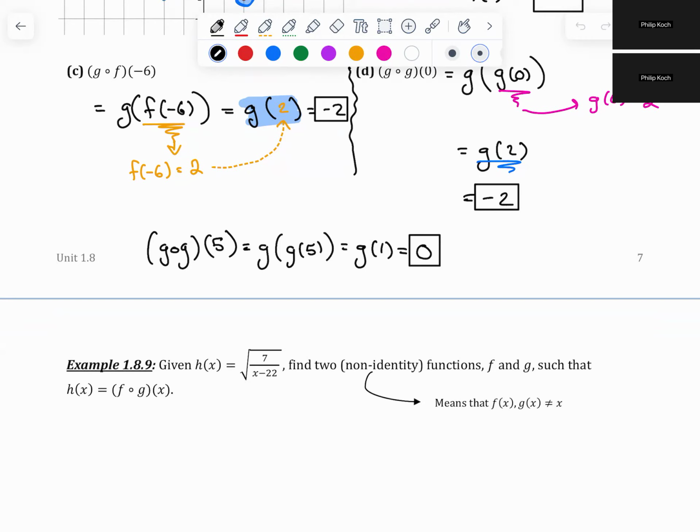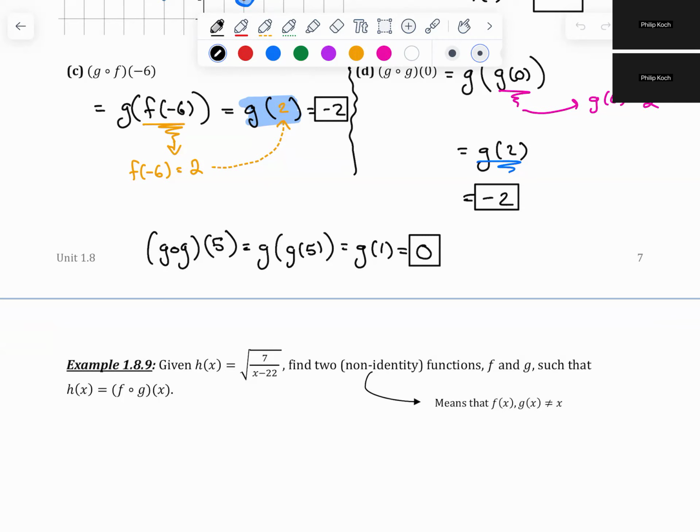So there's a rule in calculus for differentiation called the chain rule, and it all stems on identifying a function as a composition of an inside function and an outside function. So given h of x is equal to the square root of 7 over x minus 22, find two non-identity functions, f and g, such that h is the composition of those two functions.